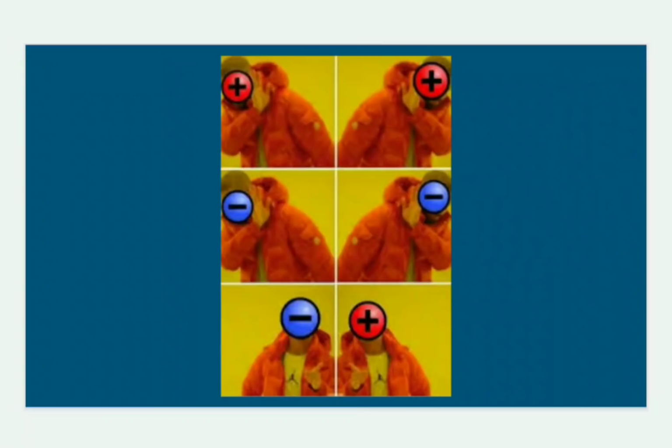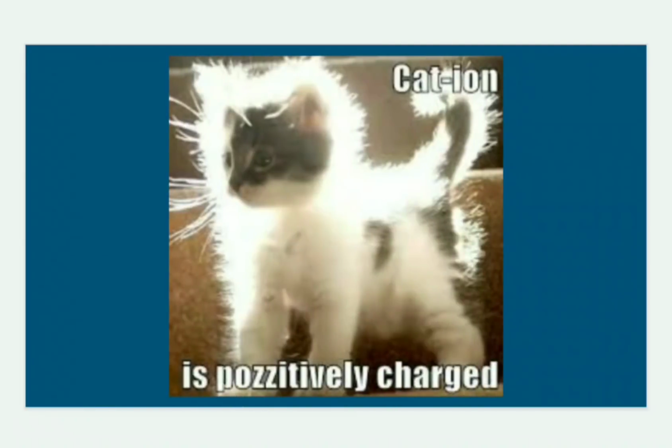It explains how like charges repel each other and unlike charges attract each other. And the third one explains that a cation is positively charged. So cation is positively charged, right? Here it is explained how the cation is positively charged. As it is charged, we can see that it is getting some goosebumps. From its hair arrangement itself you can say that anyway.